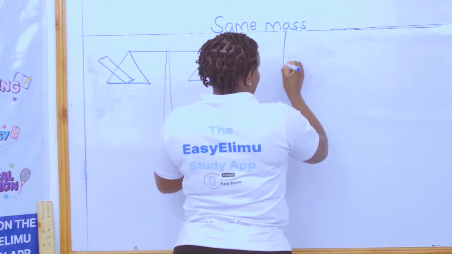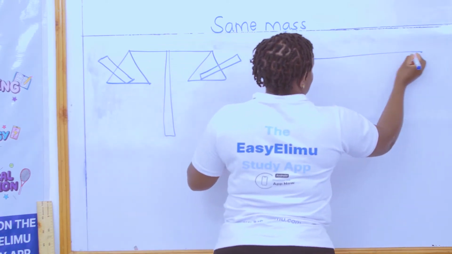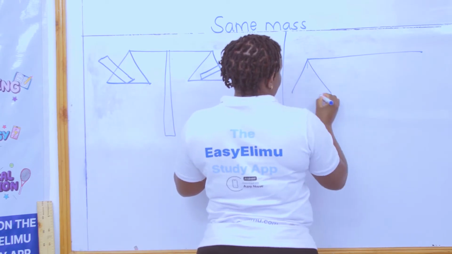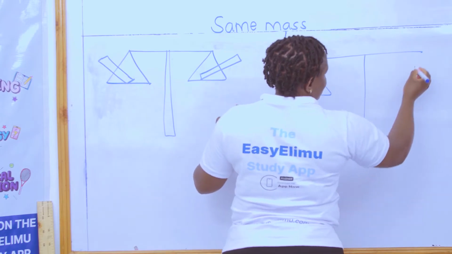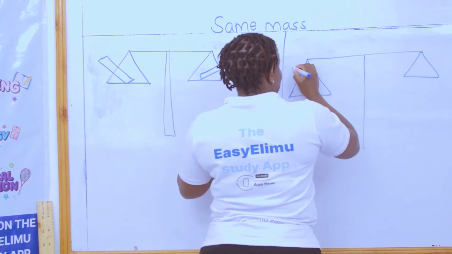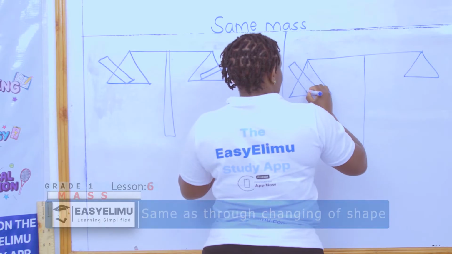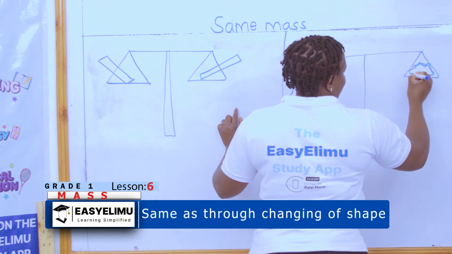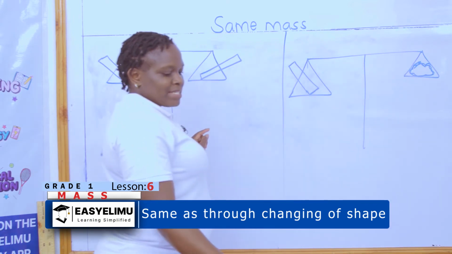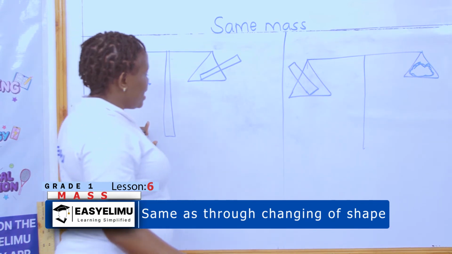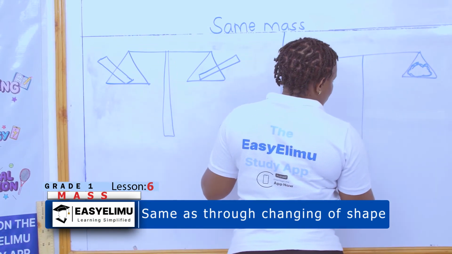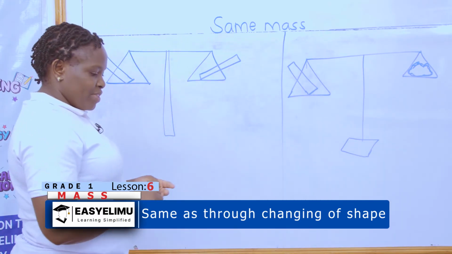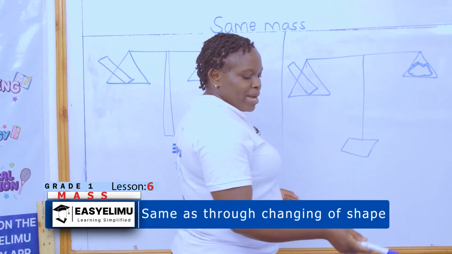Now I have another scale here that shows that one of the molding clay is still in its original shape, and this one has been squashed up into a different shape. But the weight is still the same. Why? Because the shape of that Play-Doh does not affect its mass.